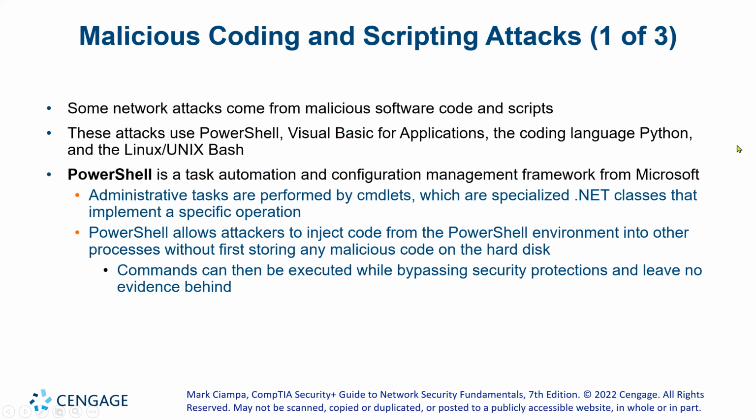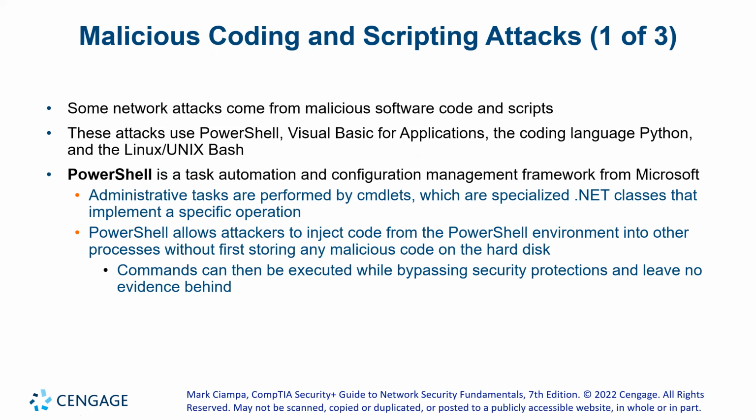Okay, next we are on to malicious coding and scripting attacks. These I find very fascinating because they have to put a lot into these. So some network attacks come from malicious software code and scripting. These use PowerShell, Visual Basic for Applications, other coding languages like Python, Linux, Unix, Bash. You can see them in all sorts of different flavors.